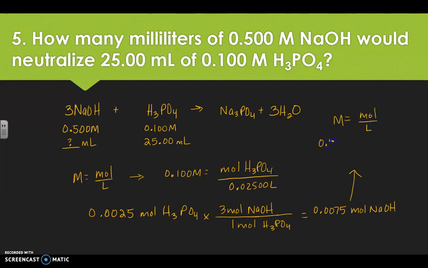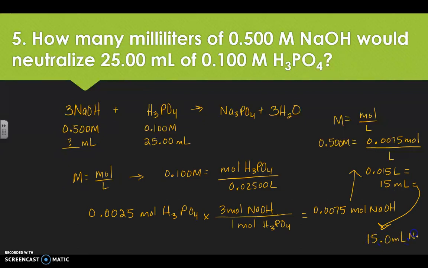Our molarity is 0.500 M. Moles is 0.0075 moles over liters, because that's what we're looking for. Do your basic algebra, rearrange your equation, and you should end up with 0.015 liters, which would be 15 milliliters. But we want three significant figures, so we would put 15.0 milliliters of NaOH.